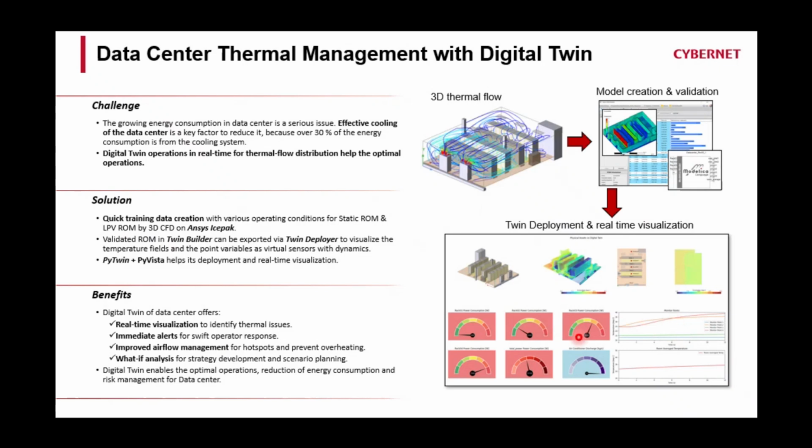Or if every server rack is operating at the same time, then you get to see the effect on the overall temperature inside the room. So with this, you get improved airflow management for hotspots and it essentially prevents overheating. Whenever it's operating, you get real-time insight into whether it is doing fine or not.